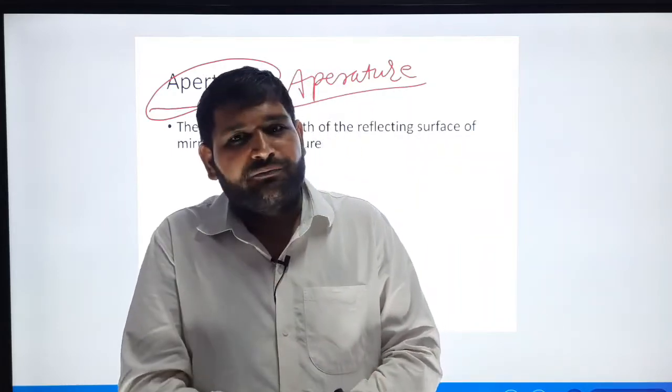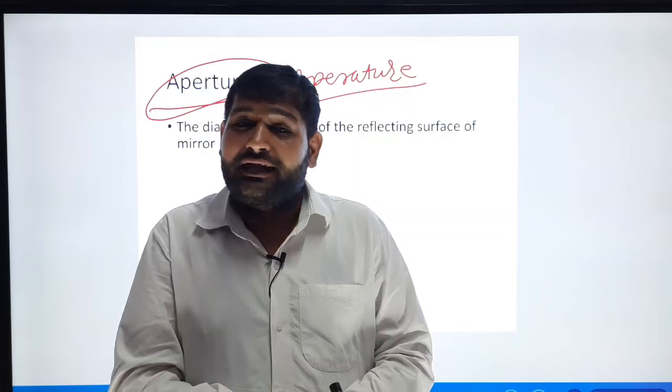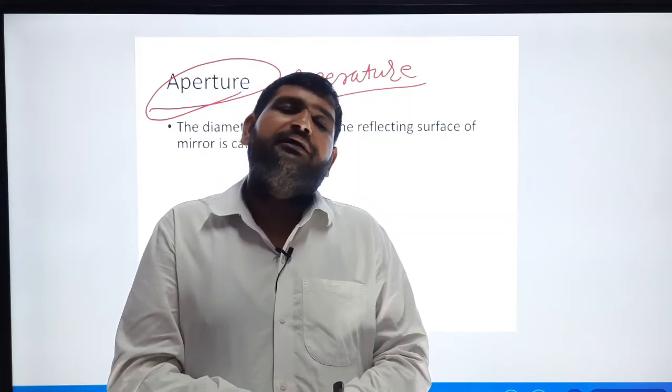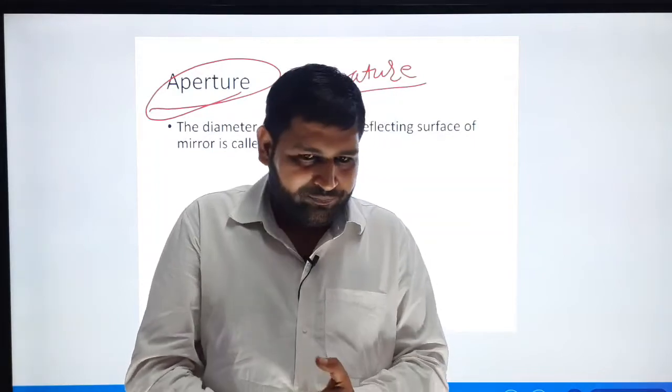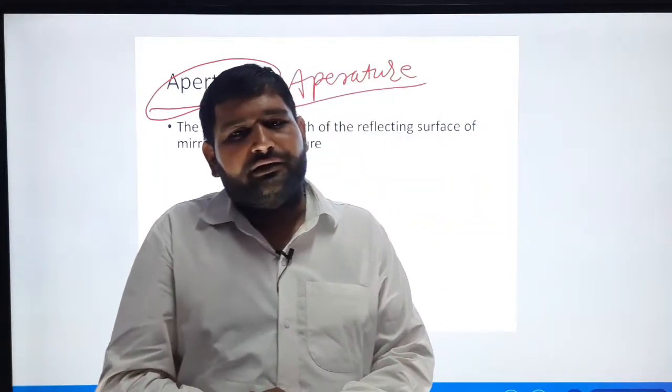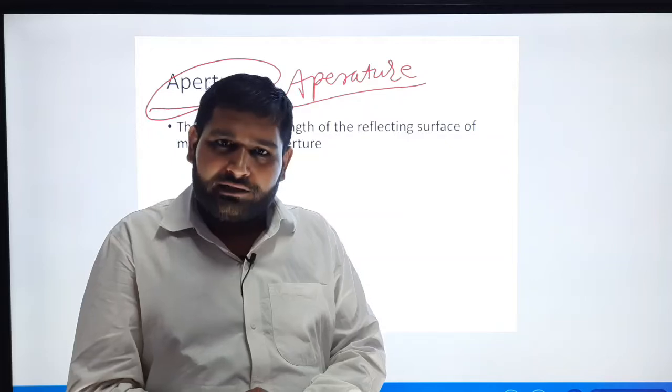The distance between pole and focus is called focal length, and the length or diameter of the reflecting surface of the mirror is called aperture. These were all the parameters related to spherical mirrors.